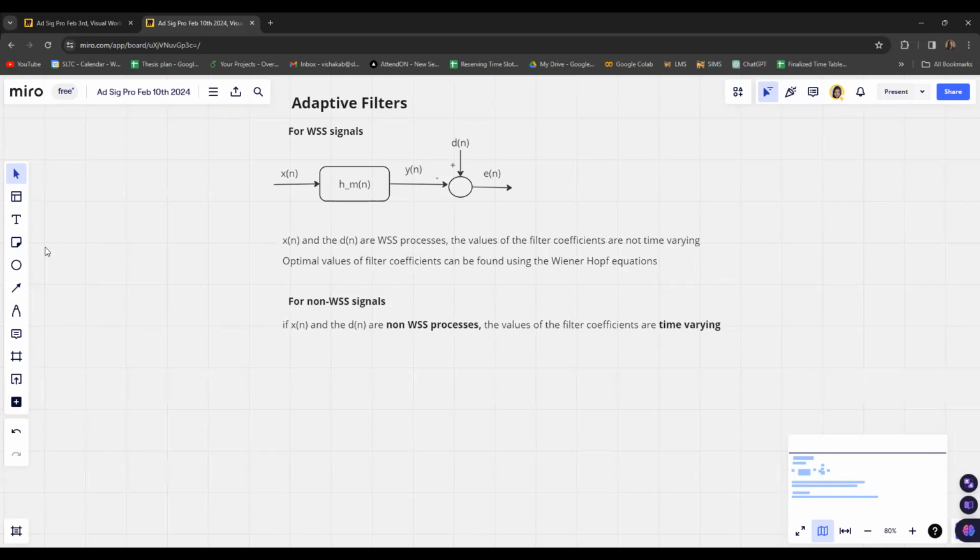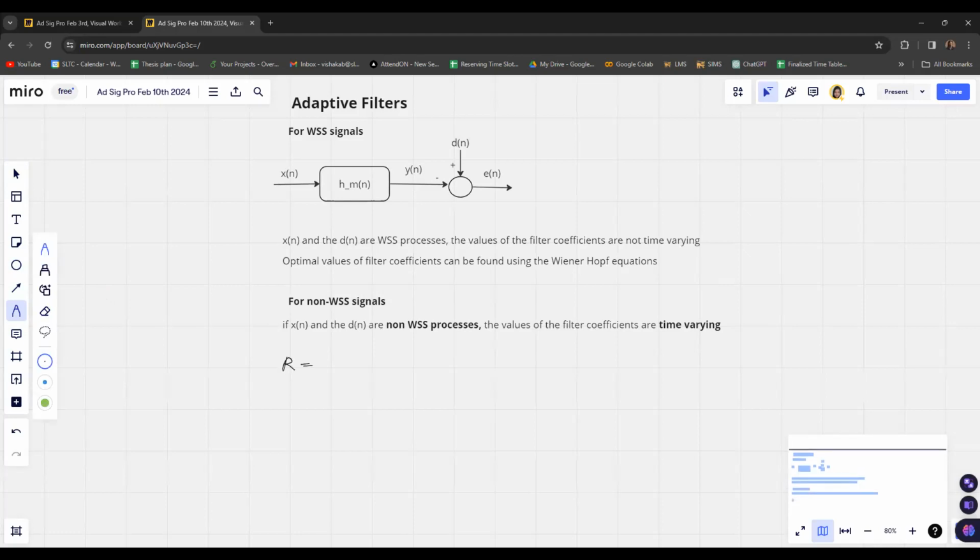Right, so the xn and dn values are time varying. In such cases, we can define the input correlation matrix just as before. Now we need to find each and every value of the input autocorrelation. If I denote the input autocorrelation using this R symbol, I will use capital R to denote that it is a matrix.